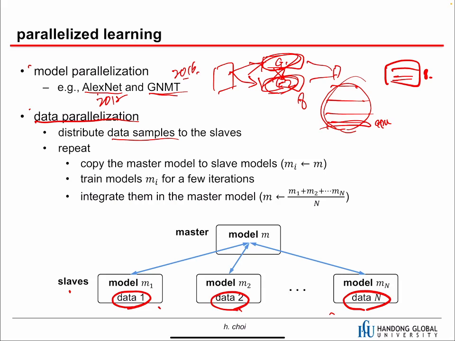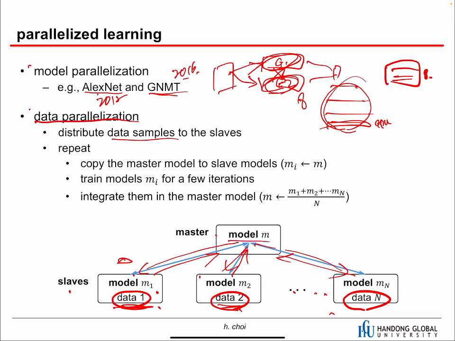And then from this master, we have a model, and we copy the model to all of them. And in this server, we update the parameters, we update the model with this data. And in this server, we update the model with this data, etc. And then we update these parameters for a couple of iterations, and then we pass this one. We can pass the whole model, or we can pass the delta, okay?